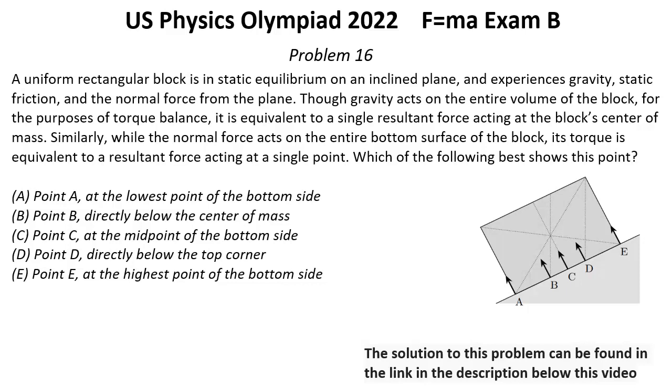The friction force points along the plane and thus also exerts no torque about this point. Therefore, since the block is in static equilibrium, the net normal force must effectively be applied at this point, yielding choice B. So that was the solution for problem number 16.